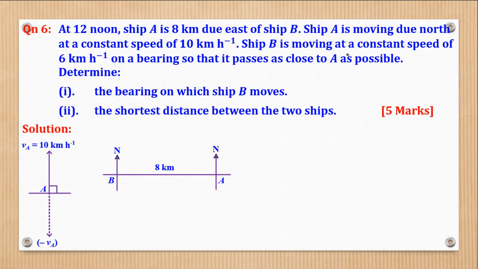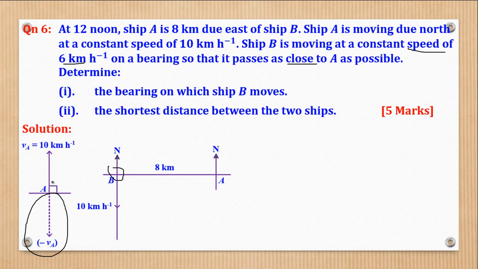Ship B is moving at a constant speed. Speed means magnitude of velocity. Constant speed of that on a bearing so that it passes as close as possible. So that is called the course for closest approach. Therefore, for closest approach, I'll come at B and put there the reversed velocity of A. So you reverse the known velocity.